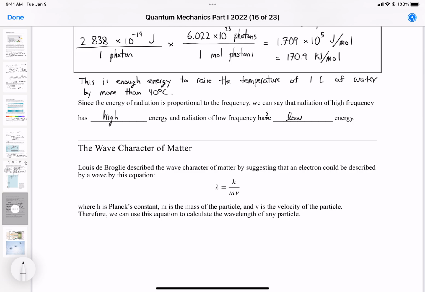Louis de Broglie described the wave character of matter by suggesting that an electron could be described by a wave. If you think about it, moving electrons emit light, just like when an electron falls back down to the ground state.